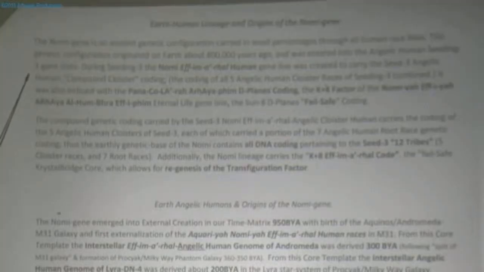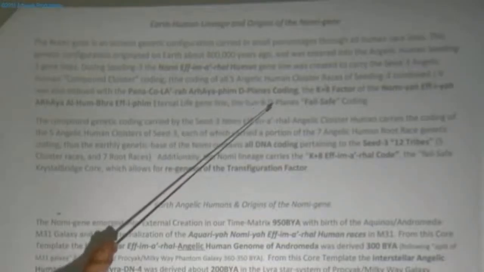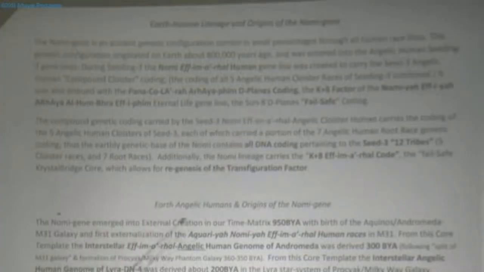During Seeding 3, the NOMI ephemeral human gene line was created to carry the Seed 3 Angelic Human compound cloister coding, the coding of all 5 Angelic Human cloister races of Seeding 3 combined. It was also imbued with the Panicolaera Araeapheme D-planes coding, the K+8 factor of the Nomia Ephea Araya Alhambra Ephepheme Eternal Life gene line, the Sun 8 D-planes failsafe coding.